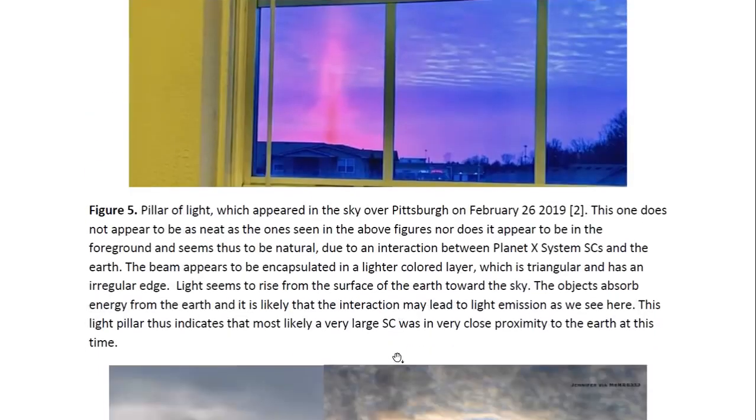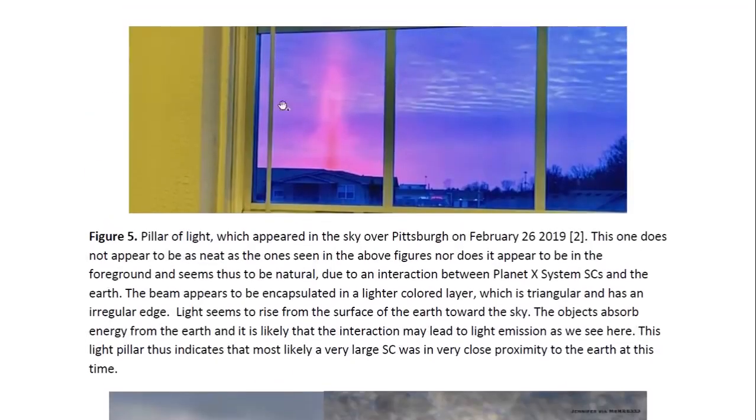Now, this is a pillar of light which appeared in the sky over Pittsburgh on February 26, 2019. This one does not appear to be as neat as the one seen in the above figures, nor does it appear to be in the foreground, and seems thus to be natural due to an interaction between Planet X system stellar cores and the Earth.